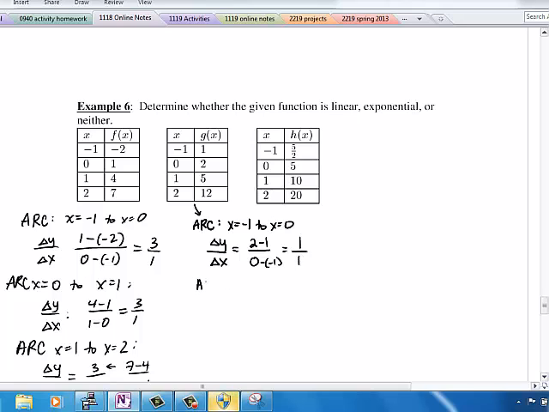The average rate of change between x equals 0 and x equals 1. Again, we're always tracking change in y over change in x. So we're going to have 5 minus 2 over 1 minus 0, which is 3. So we can see the average rate of change isn't constant in this one. Let's take a look at the next one.